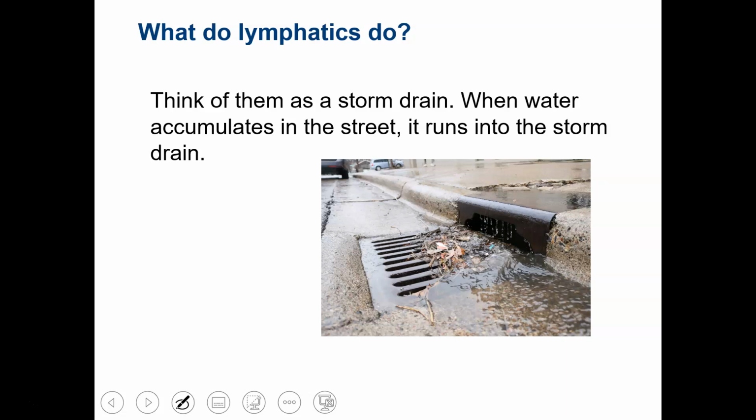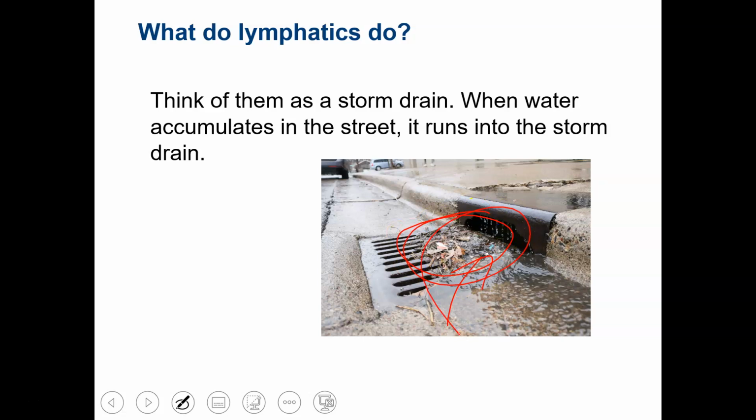I know it doesn't rain a lot, but when water accumulates in the streets, you've got water running down the street, and it's going to wash down into the drain. And then that's going to, of course, drain on to another place. And you'll notice all this crap right there.